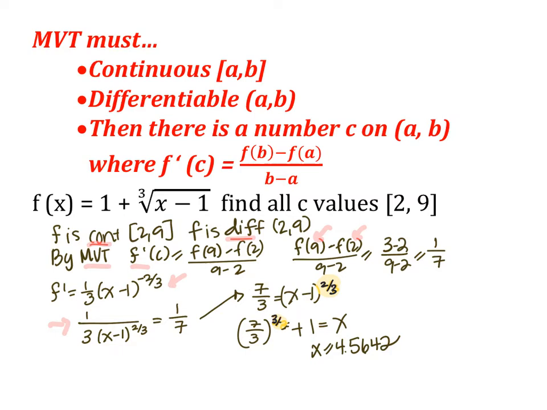And then I had to take that negative 1 and move it to the other side, and I got 4.5642, which is between 2 and 9.